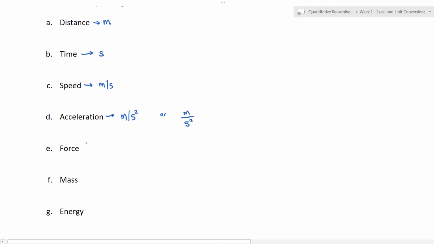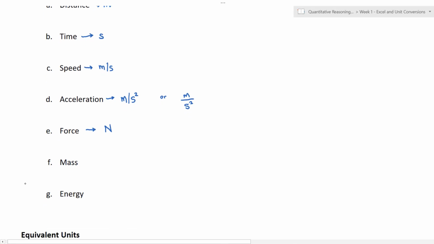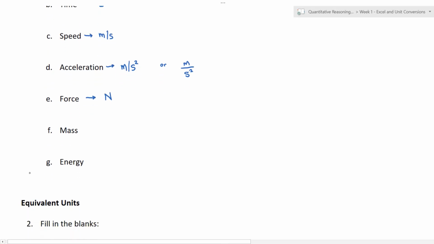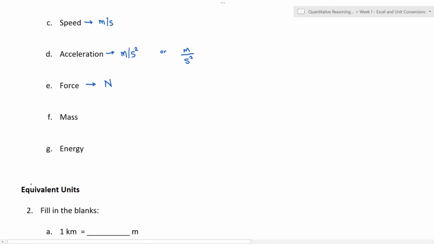Next, we have force. A force is a push or a pull acting on an object, and the standard international unit for force is the Newton. We're going to get more into this later, but for now I just want you to know what the standard international units are for each of these quantities. Next is mass. The standard international unit for mass is the kilogram.